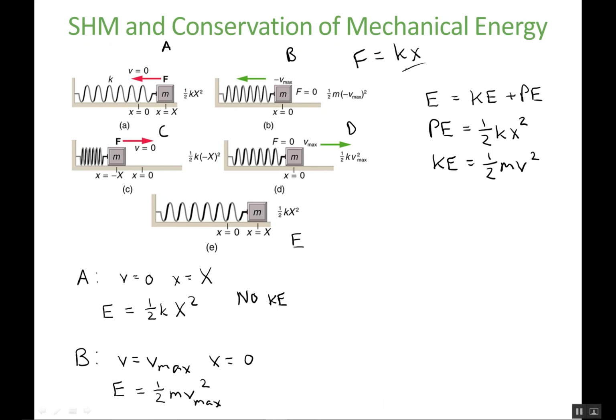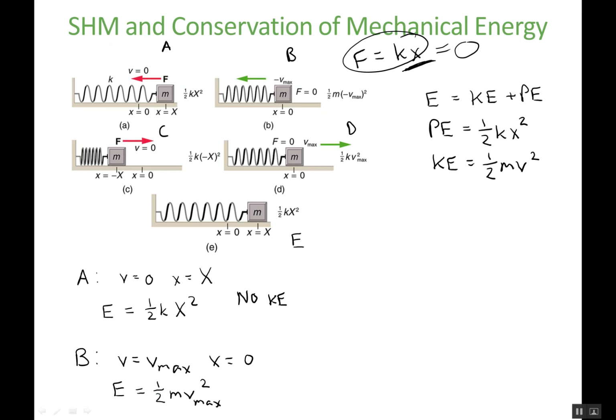So if the spring is at its equilibrium position, the force exerted by the spring is equal to 0. So that means when the mass is passing through its equilibrium position, like it is in panel B and panel D, there is no force exerted on the mass.